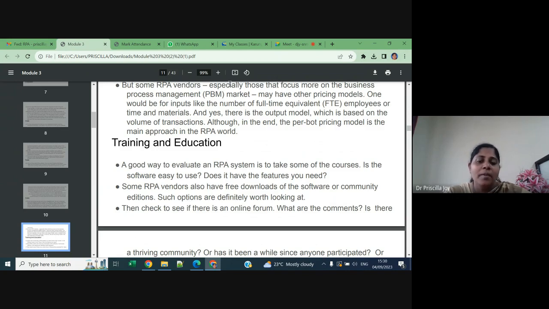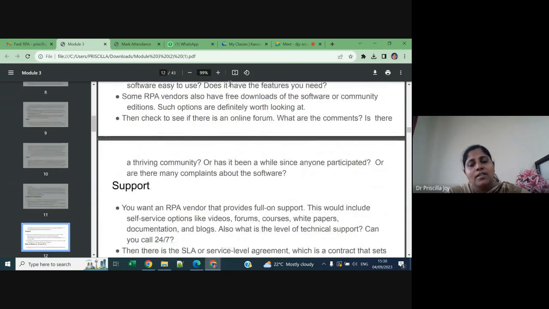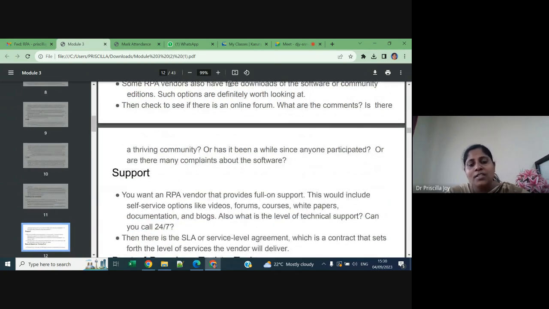In the case where we have training options, what we are supposed to do is take some courses relevant to it, and it needs to answer many questions, like whether the software is easy to use, or whether it has the features necessary to build, and what the comments are, whether there is a thriving community, or any complaint. So we need to come across all such aspects, and we need to educate on the thing.